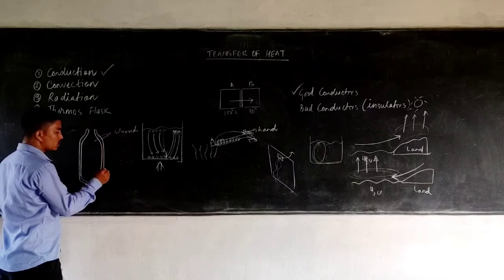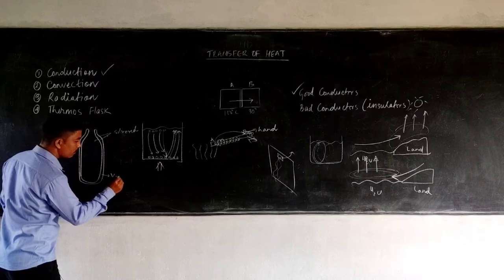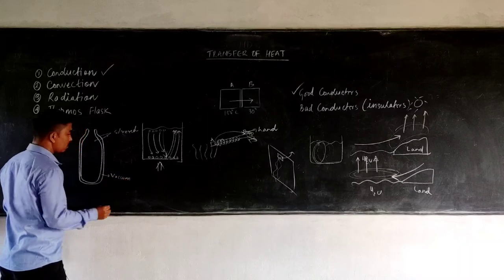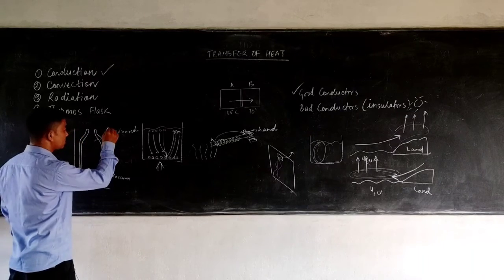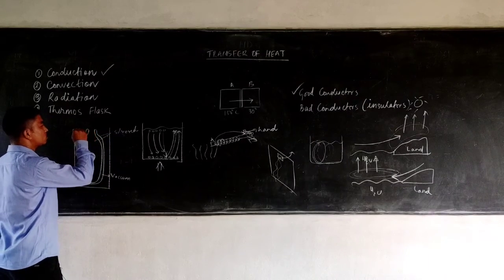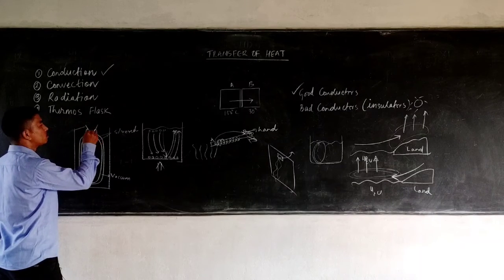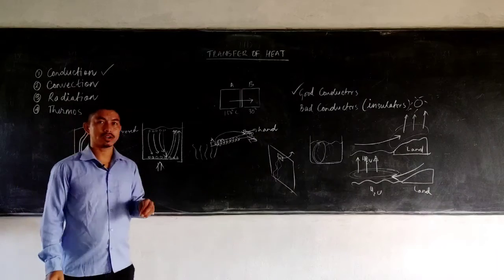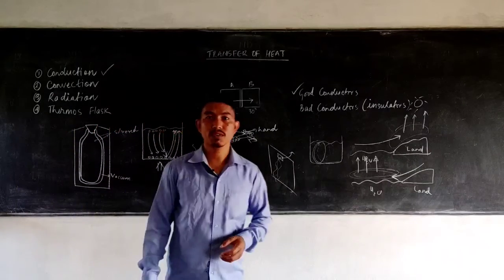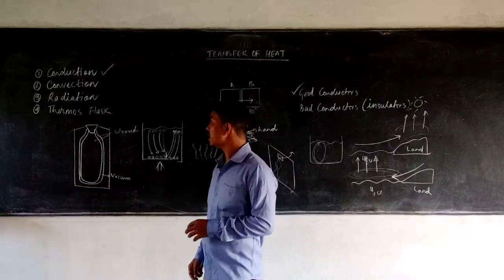Between these two glass walls is empty space, that is, a vacuum. This glass vessel is kept inside a plastic cage, and then we have a stopper at the top, which is usually made of wood or cork. Now if you pour water here, that water remains hot for a very long period of time. How is that prevented?